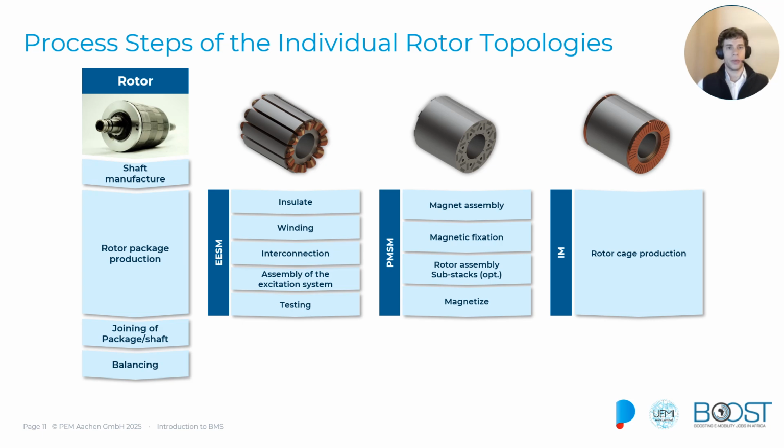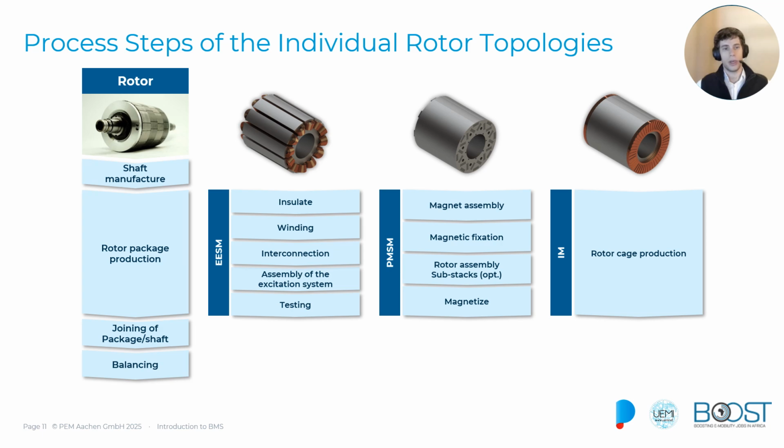We find the process steps of the individual rotor topologies on this slide. For the EESM, we need to insulate the rotor slots. We have multiple options in the winding process. Only with the EESM do we have an interconnection of the rotor and the assembly of the excitation system.